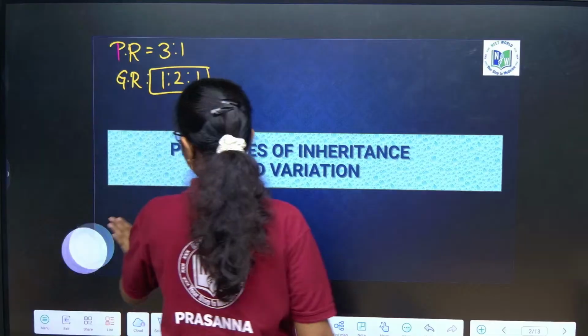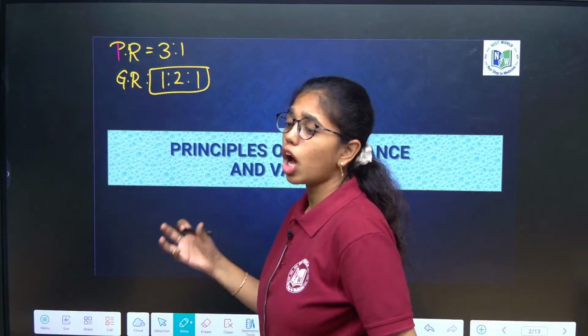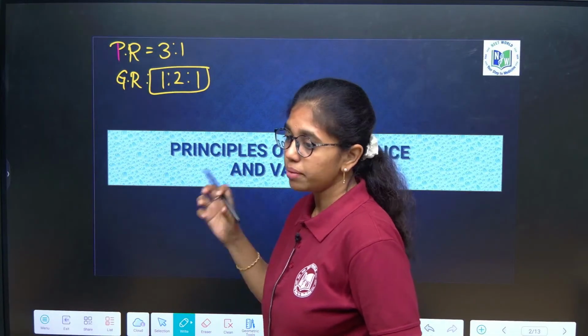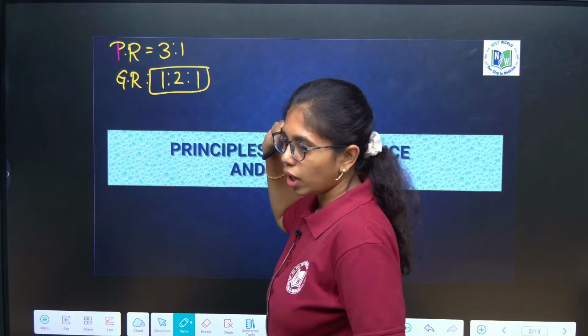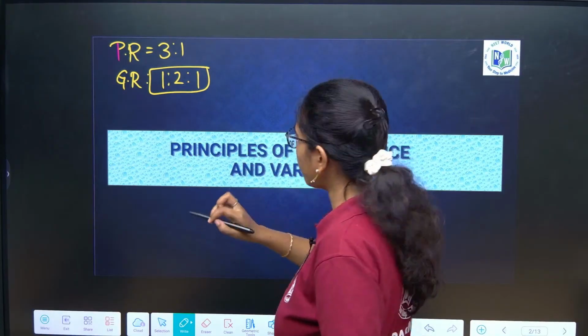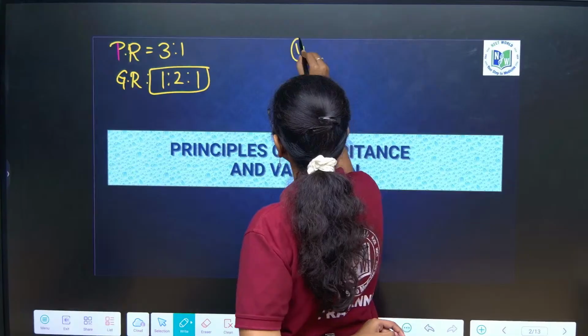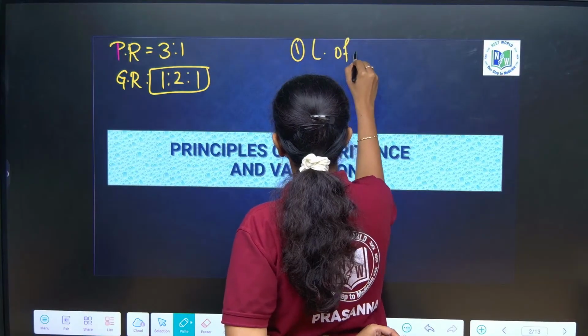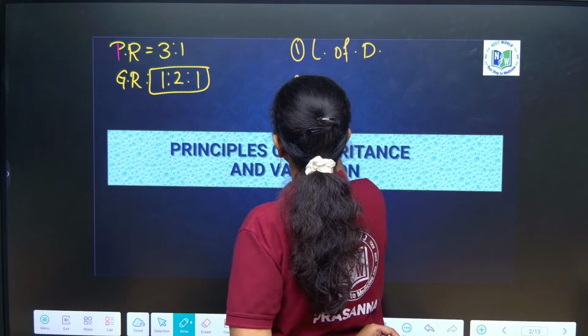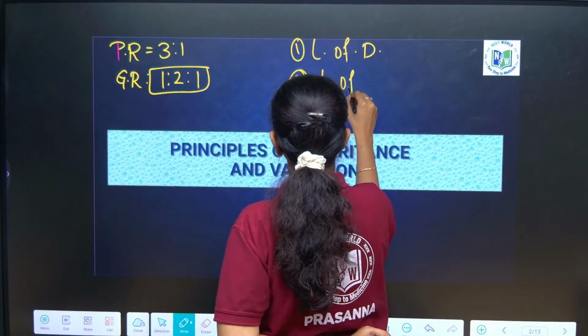Now, what are the laws that Mendel has given based on the monohybrid cross? Two laws he has given. First one is Mendel's law of dominance, second is Mendel's law of segregation.